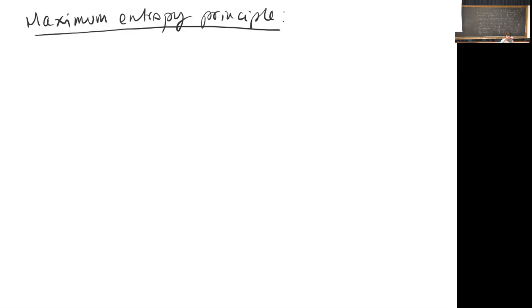What is the minimal constraint verified by the probability distribution? Yes, that it is normalized. If you know nothing about a random variable, the only thing that you know actually is that its probability distribution, by definition, must be normalized.